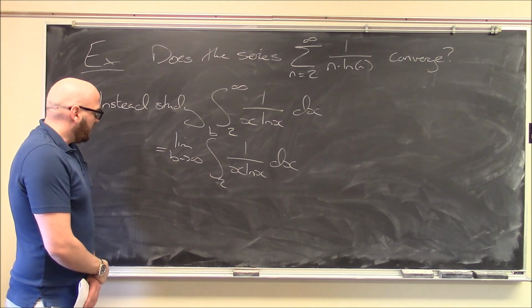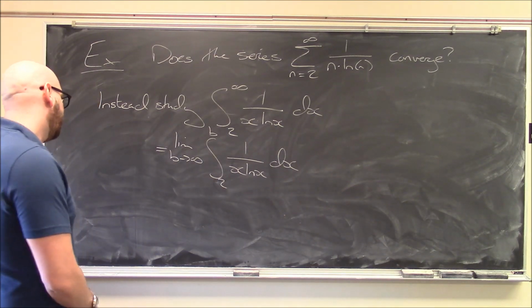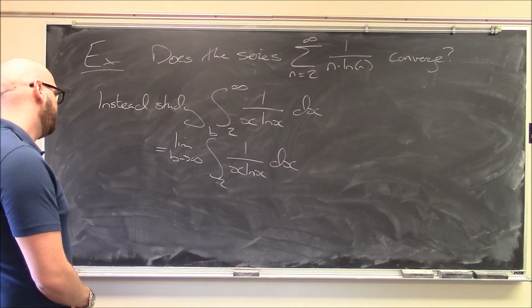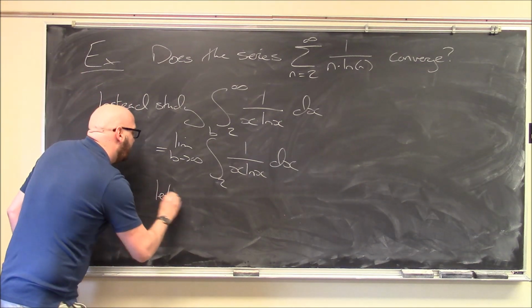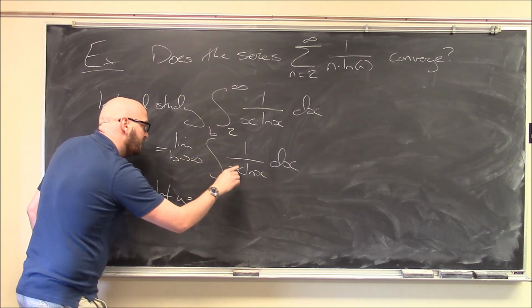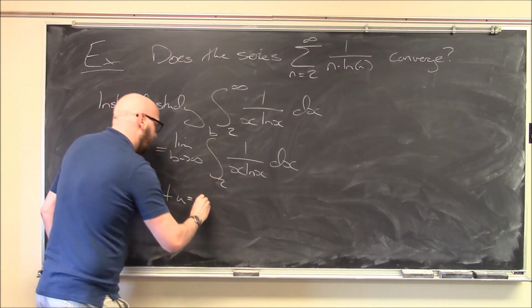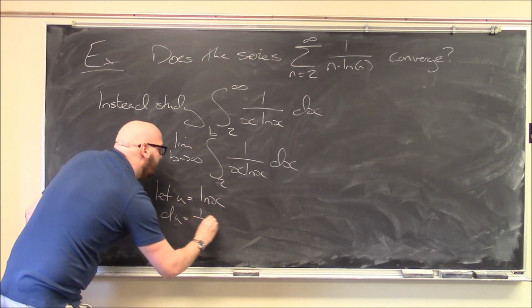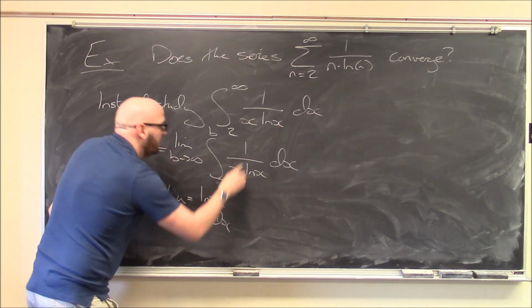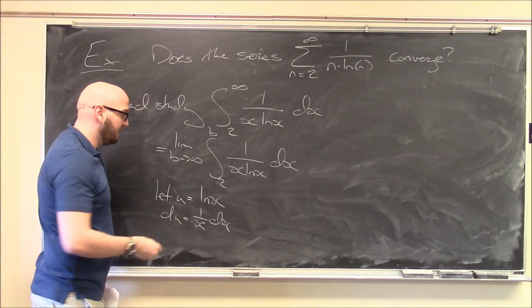Next thing I'll do is, how do we integrate this? It looks like it should just be a pretty easy u substitution, right? We'll let u be ln of x. Then du is 1 over x dx. 1 over x dx, there's my du looking me in the face.